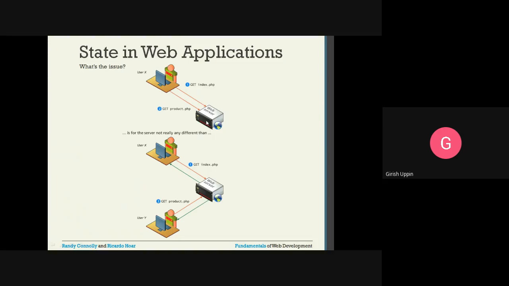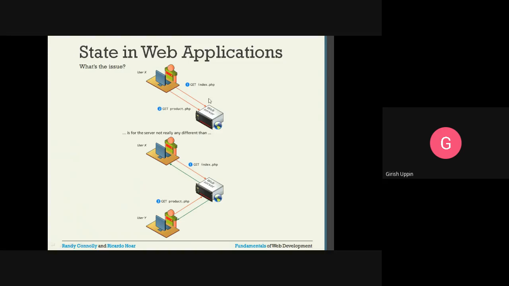What the server will know is just the HTTP request, and this situation is exactly similar to this situation, where you can see these two requests are coming from two different users. User X is requesting index.php, and user Y is requesting product.php.